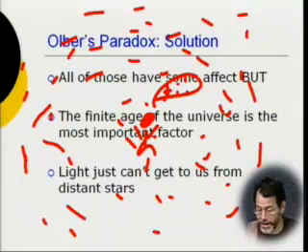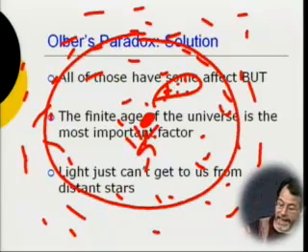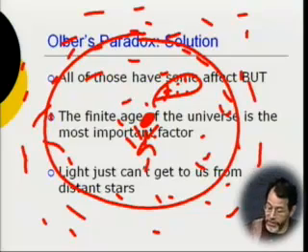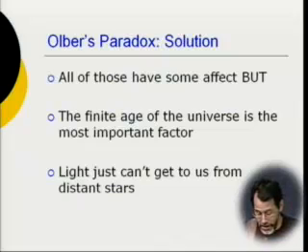Basically, light can't get to us from out there. These stars may exist, but their light didn't get to us yet. That is probably one of the major factors due to the finite age, which is related to the finite size.